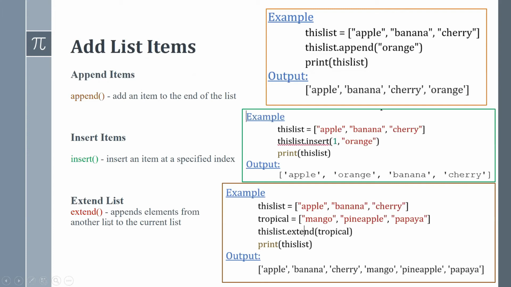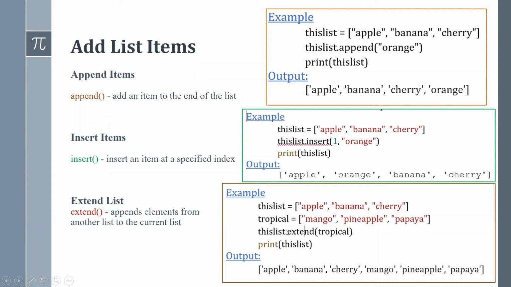Okay, so extend list. What does extend do? You have 2 lists. Okay, you have list 1, say score of data science class. Then you have a list 2, score of artificial intelligence class. Now you want to add them together. You want to make them as one big list. So you use this function called extend. Okay, so here if you see this list, apple, banana, cherry. Tropical is mango, pineapple, papaya.